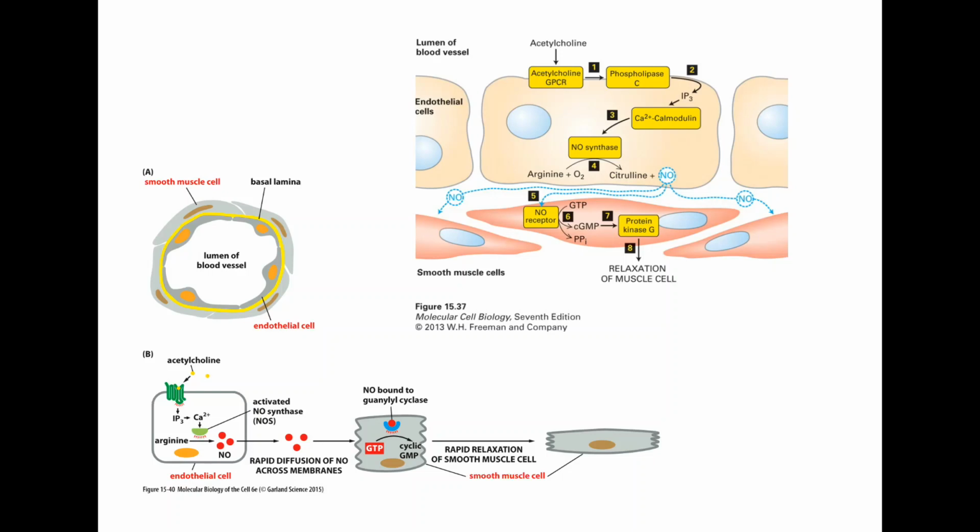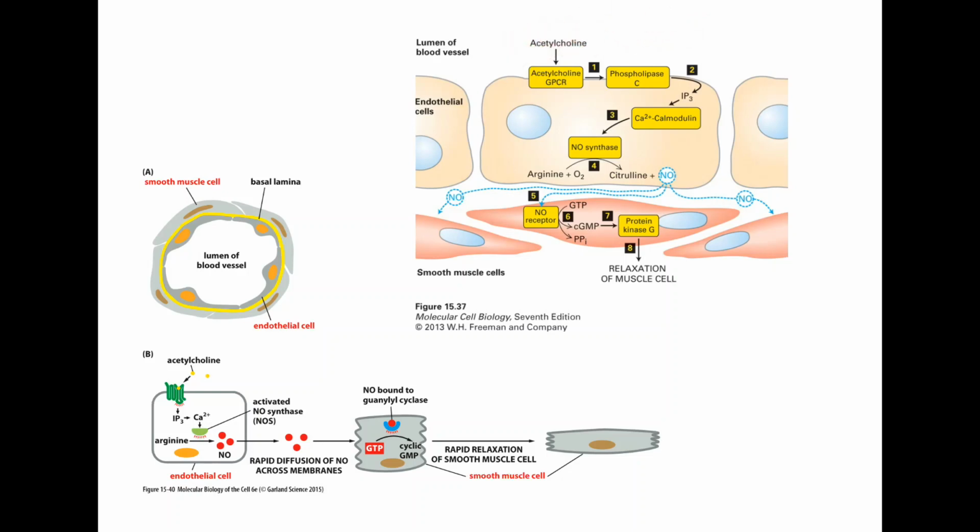So that process is, I guess you can imagine, very tightly regulated, and G protein coupled receptors are the key part of that. If you zoom in on this part of the diagram, here's the smooth muscle, here's the endothelial cell, and here is blood, basically the lumen of blood vessels. So that's where it starts, with acetylcholine.